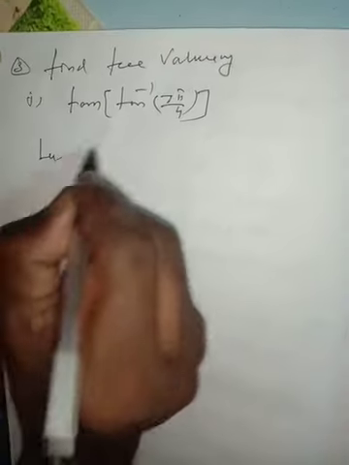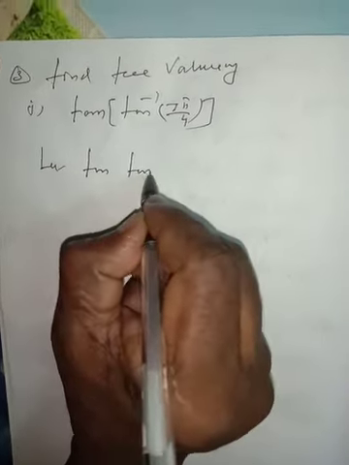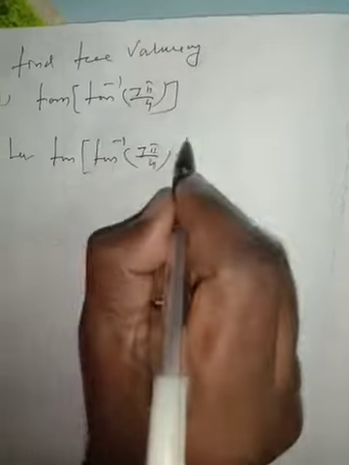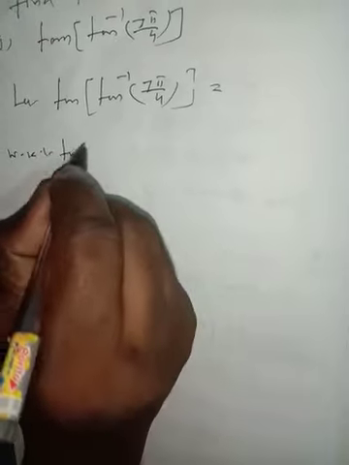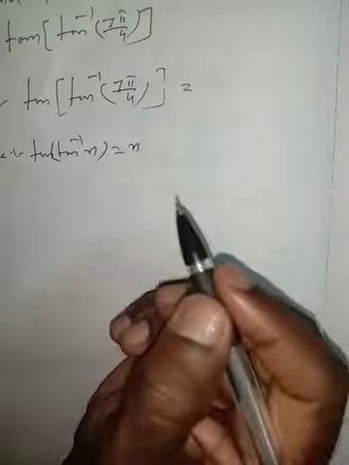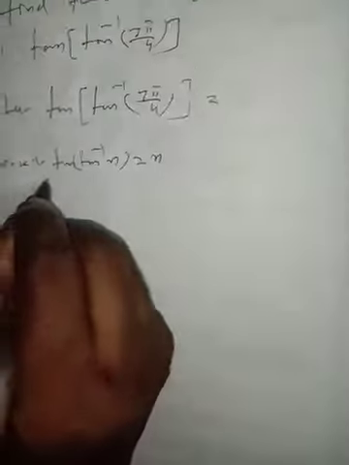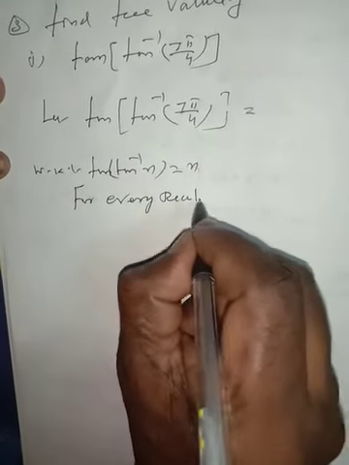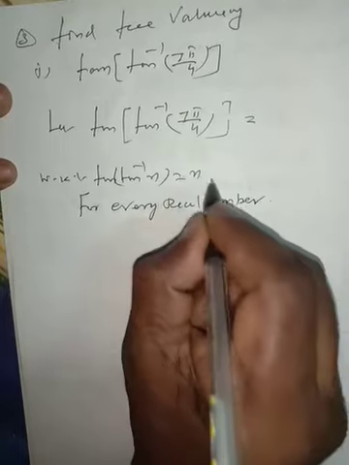Let tan inverse of 7 pi by 4 is equal to... we know that only one result: tan inverse of x is equal to x for every real number x.